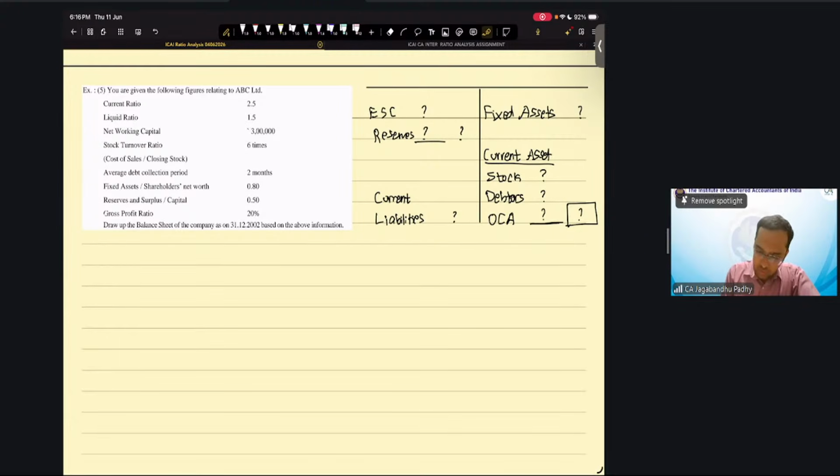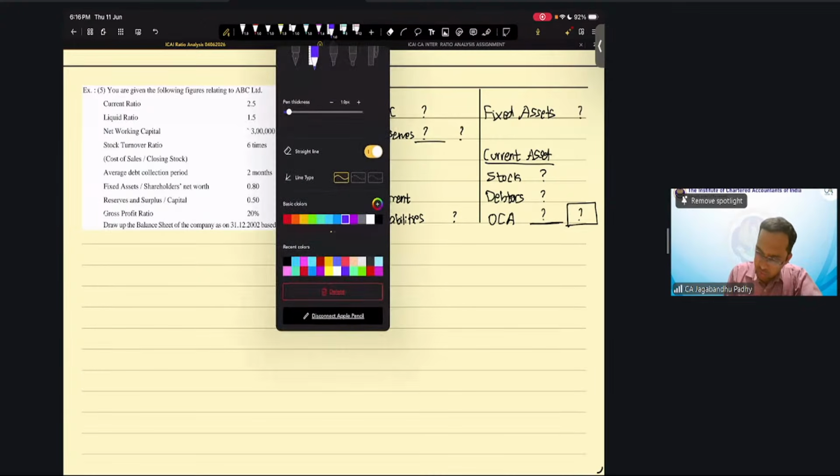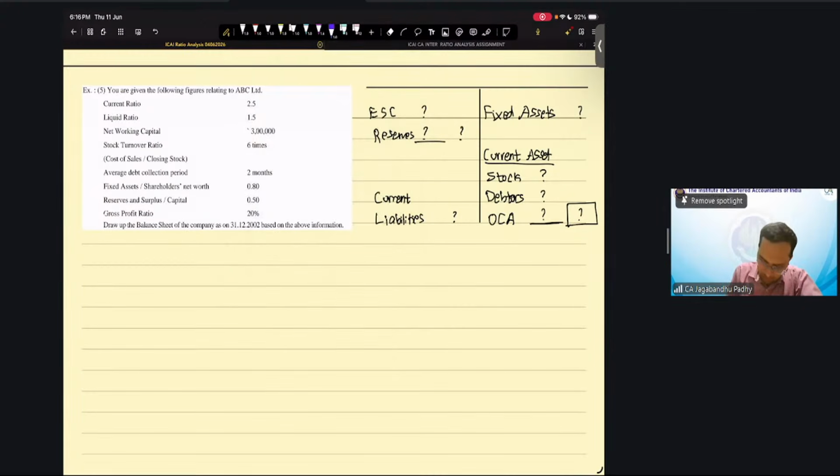So we all know that the current ratio is simply computed as current assets upon current liabilities. Current ratio is computed as what? Current assets upon current liabilities.